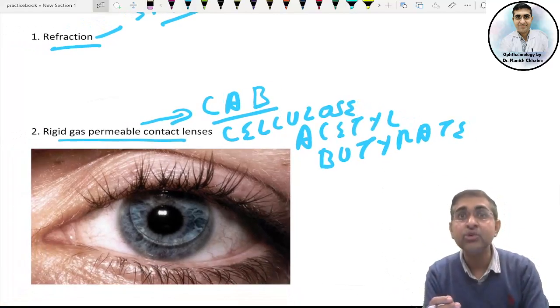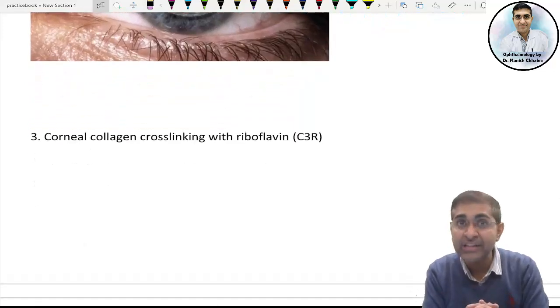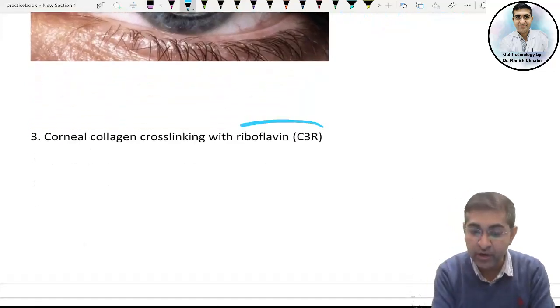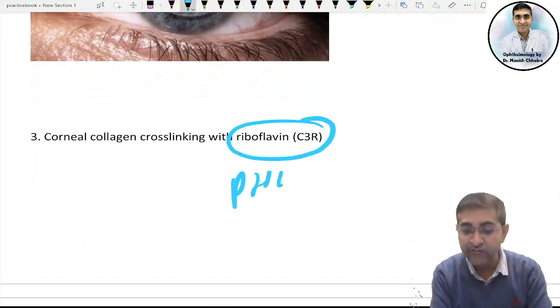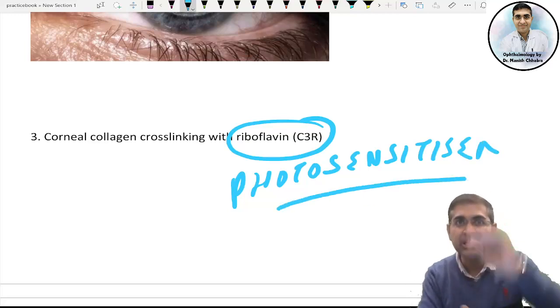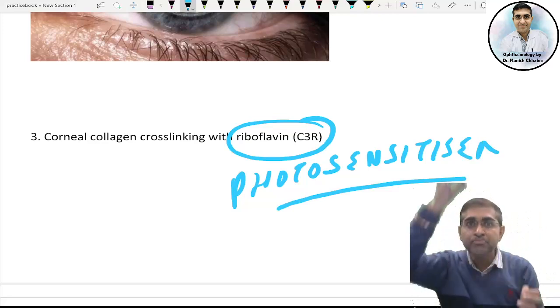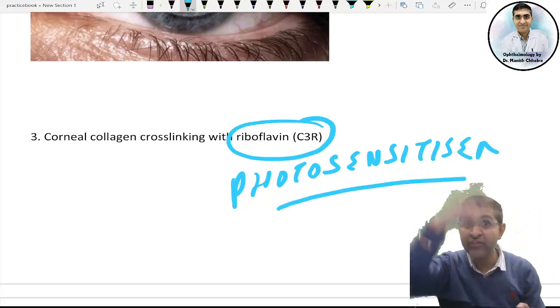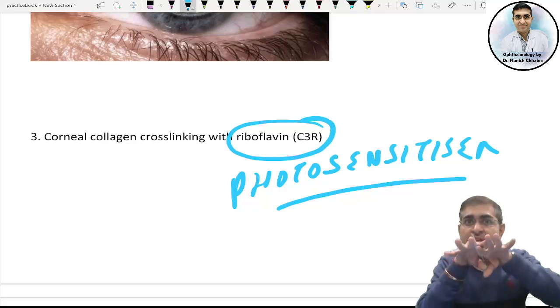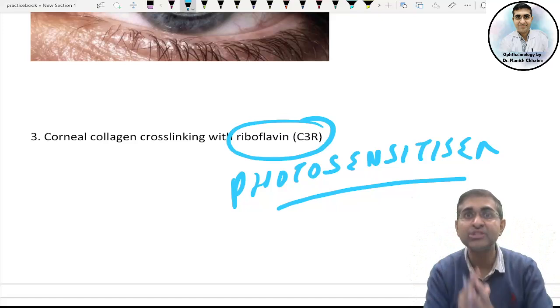Third is, you can go for C3R. It is corneal collagen cross-linking with riboflavin. Now riboflavin is your photosensitizer. So what you do is, you remove the epithelium of the cornea, so the stromal bed is exposed. You put in drops of riboflavin, which gets over the stroma and makes the stroma photosensitive.